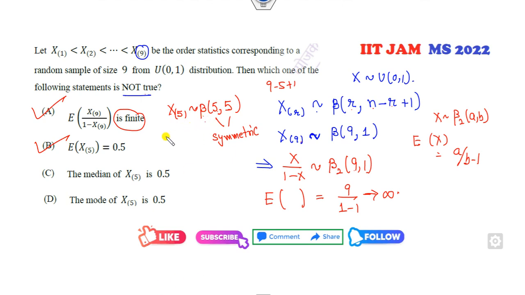And for a beta distribution, the mean will be m over m plus n. That means 5 over 5 plus 5, that is 0.5. Because it is symmetric, the median is also 0.5, the mode is also 0.5. Because of the symmetry, mean, mode, median are the same. But we need the not true one. So only A is the right answer of the problem.